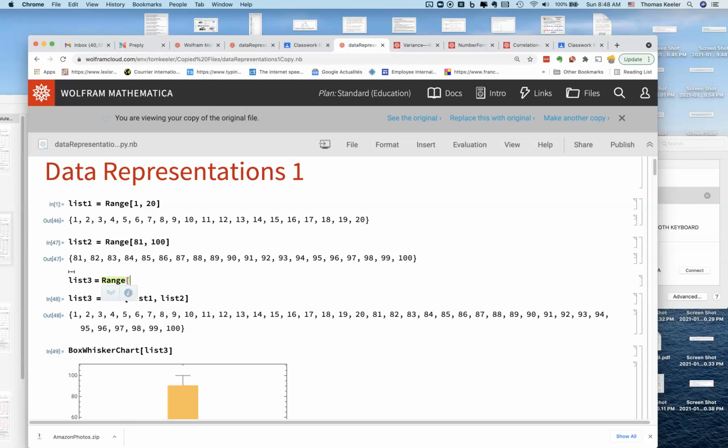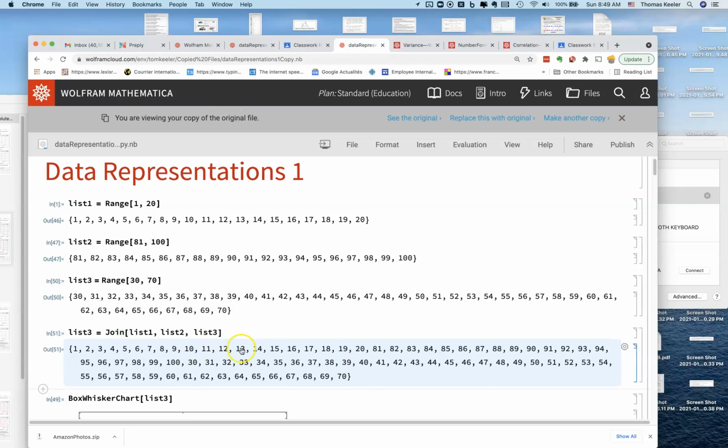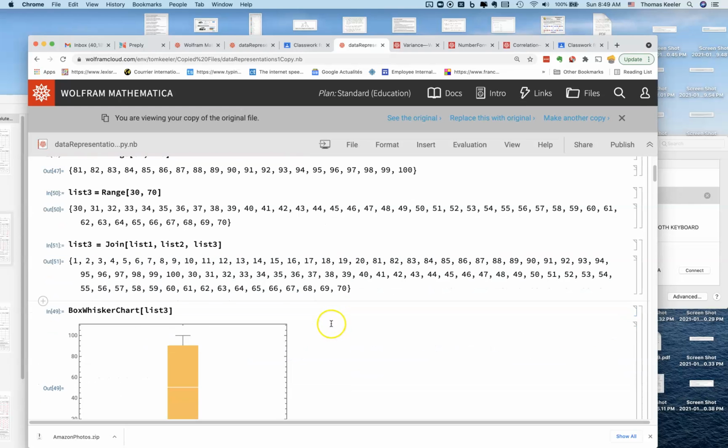Equals range from, what would you say, how about from 30 to 70, yeah, so 30, comma, 70. So there's list 3. And now let's put list 3 in with our other ones. So we have list 3 here. Now we've got a lot of guys in the data set.